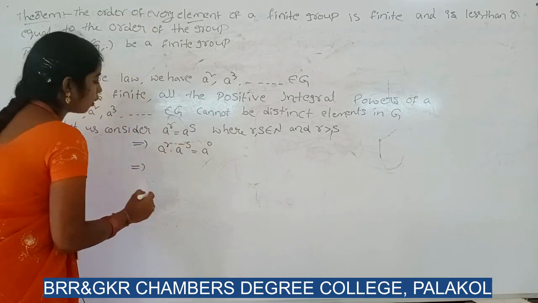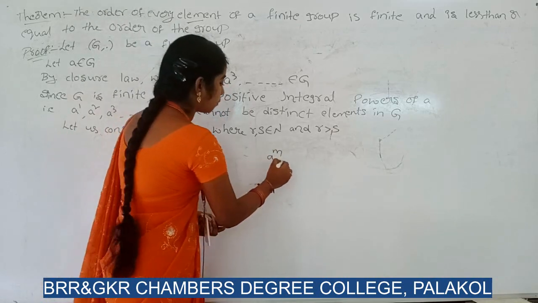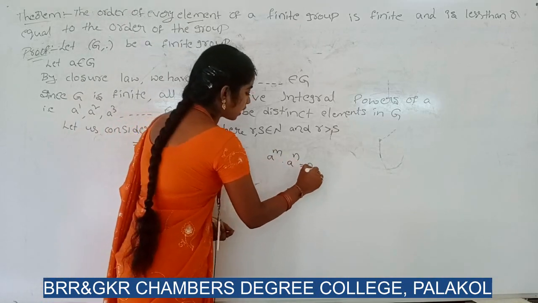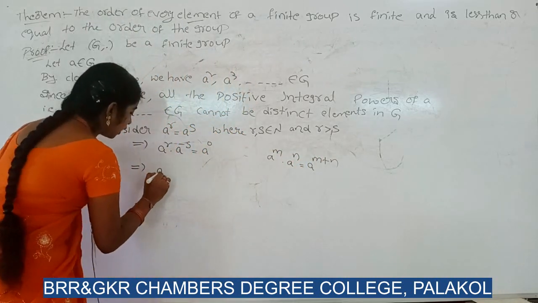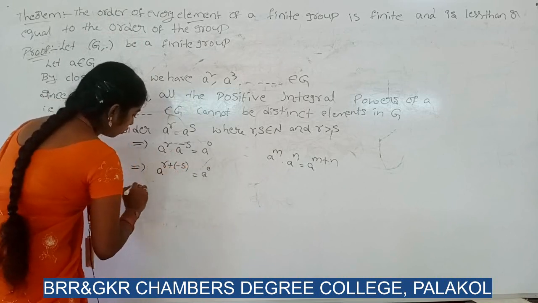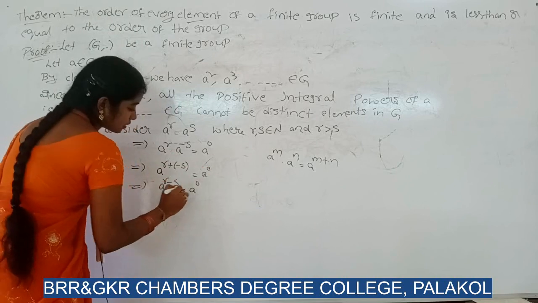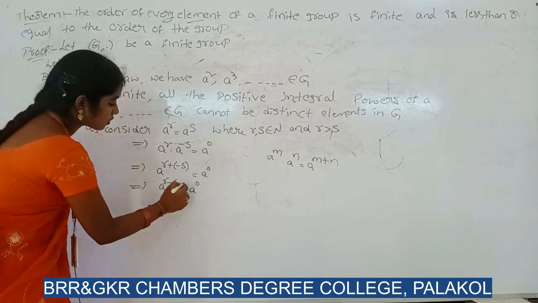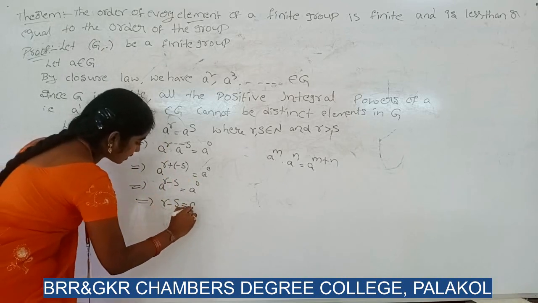Already you know, by the law of exponents, a power m into a power n can be written as a power m plus n. So a power r minus s equal to a power 0. Bases equal, so exponents also equal. That implies r minus s equal to 0.